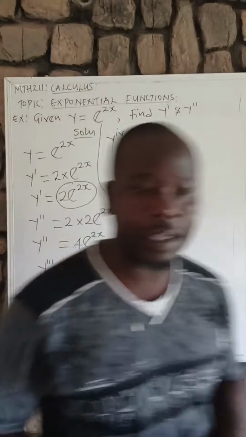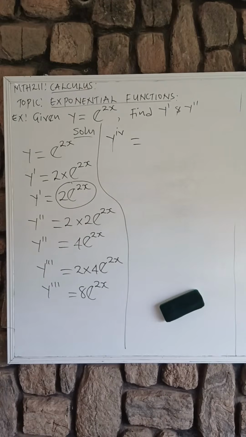What is the answer? You don't need to even solve. What is the answer? Peter, congratulations. Peter has gotten the answer. 16 exponential 2x. Congratulations. Peter, remind me in class.